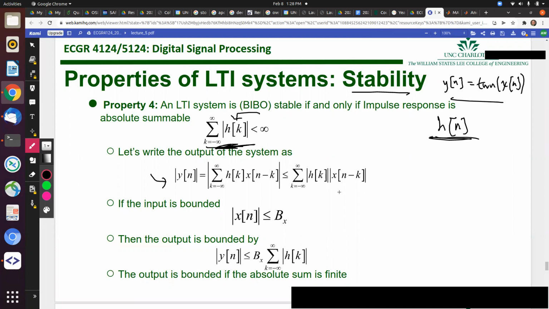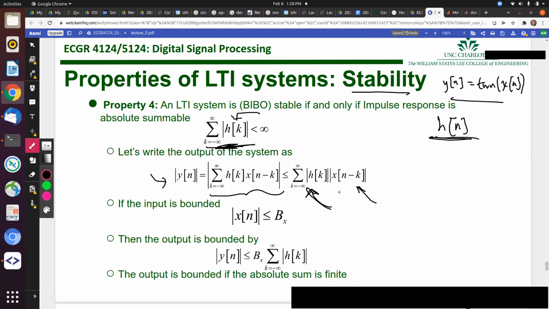We write down the convolution equation, and then say the magnitude of this whole thing is less than the sum of the magnitudes of the individual parts multiplied. If X is bounded, then that part itself is bounded. Therefore, if this sum on H is bounded, the whole thing is bounded. That's why that property is true.